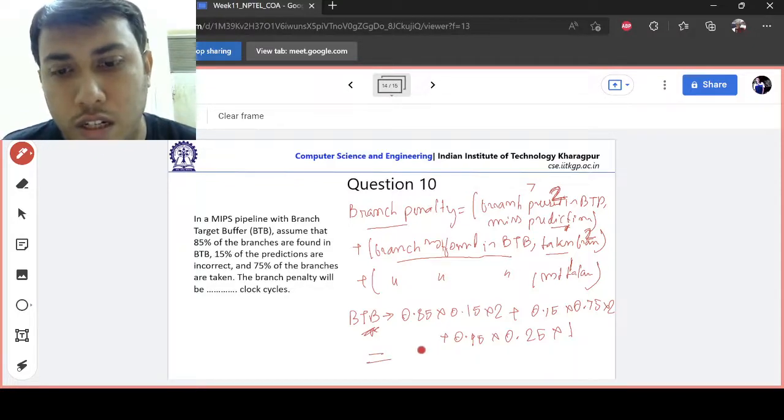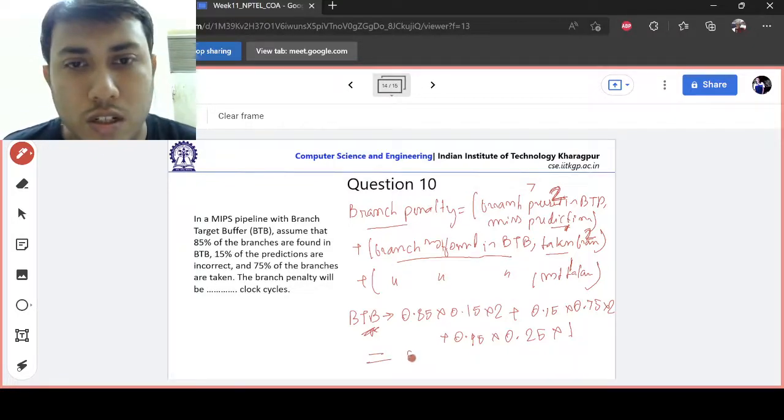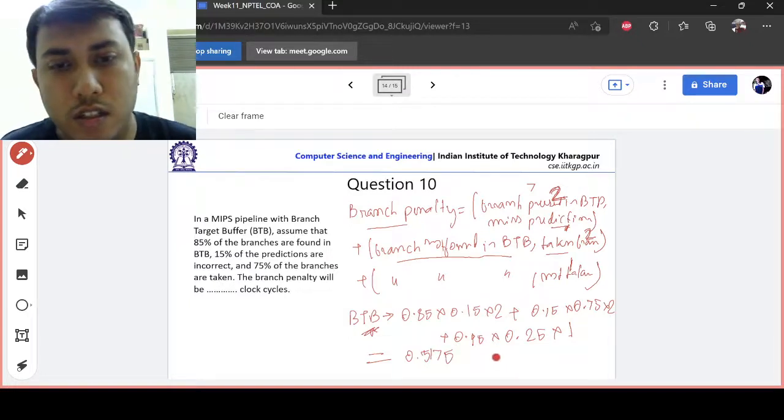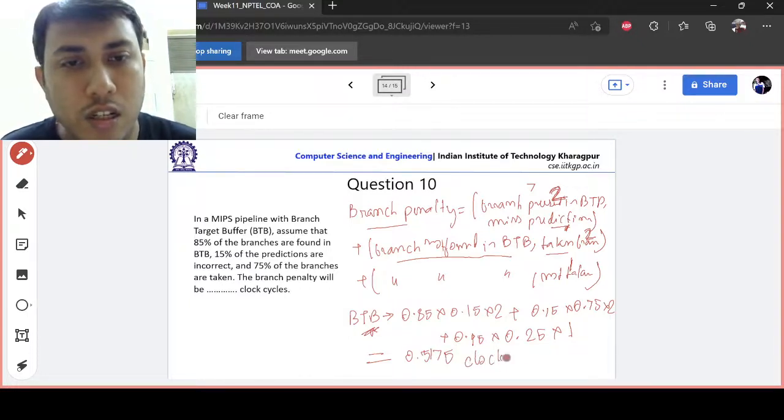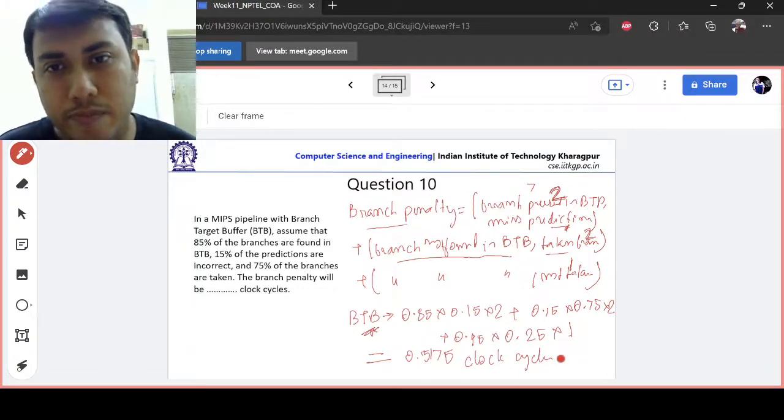So it will come around 0.5175 clock cycles. So let me explain this again.